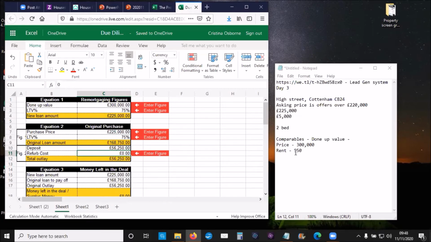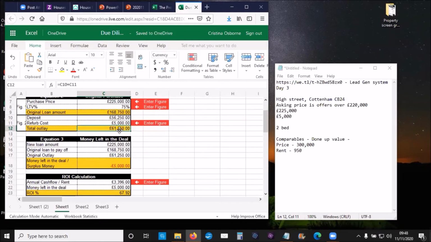And we have assumed that this property will need very minor refurb at about £5,000. That means this landlord will need to fork up over £60,000 just to buy this property.